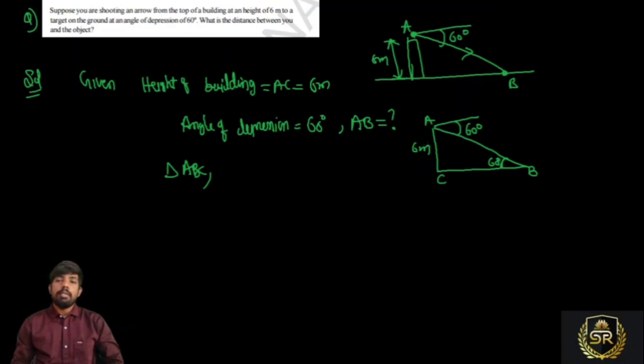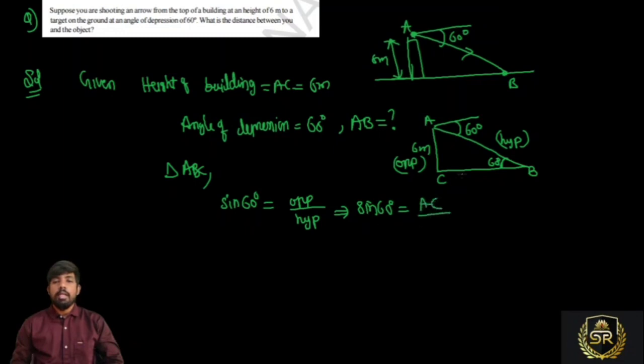In order to find AB, for this angle this is the opposite and this is the hypotenuse. So opposite by hypotenuse, what are we supposed to use? Sine. Sine 60 degrees equals opposite side by hypotenuse, so sine 60 equals AC by AB. AB goes to the left-hand side: AB equals AC by sine 60 degrees.